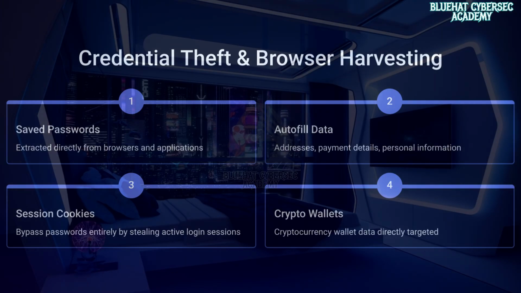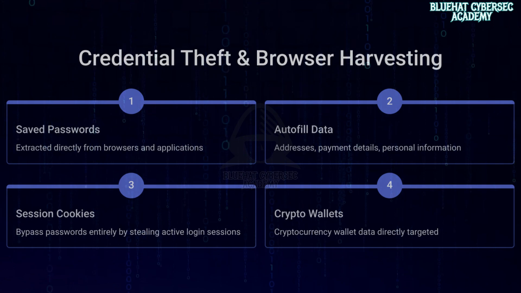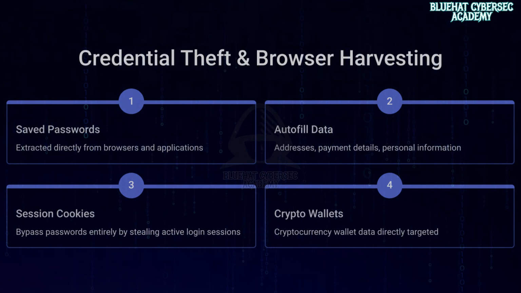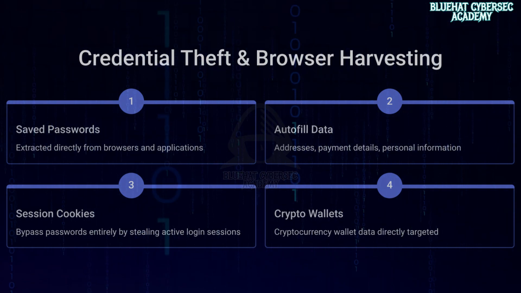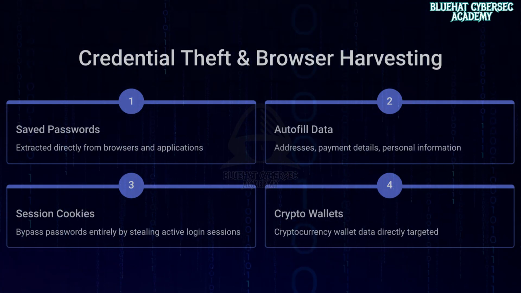Closely related to that is credential theft and browser data harvesting. Modern RATs specifically target stored credentials inside browsers and applications. This can include saved passwords, autofill data like addresses and payment details, session cookies that keep accounts logged in, and even cryptocurrency wallet data. And this is especially dangerous because instead of breaking passwords, attackers often bypass them entirely by stealing active sessions.